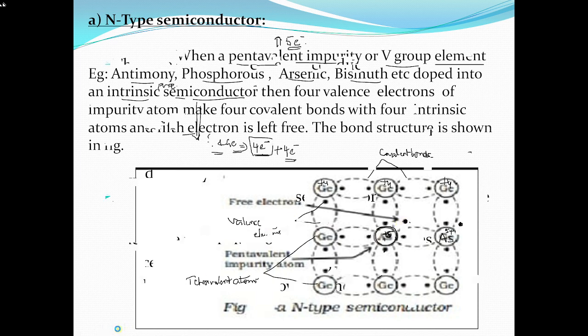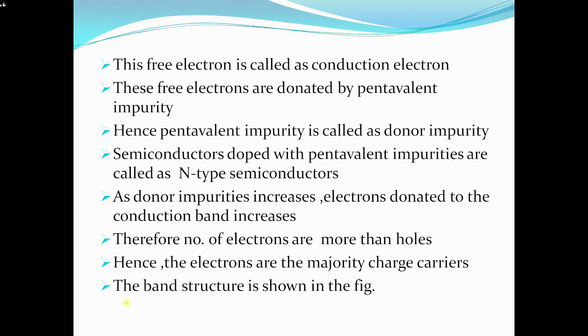As the donor impurities increase, donors also increase. This free electron is called a conduction electron. As these free electrons are donated by pentavalent impurities, they are called donor impurities. Semiconductors doped with pentavalent impurities are called n-type semiconductors.